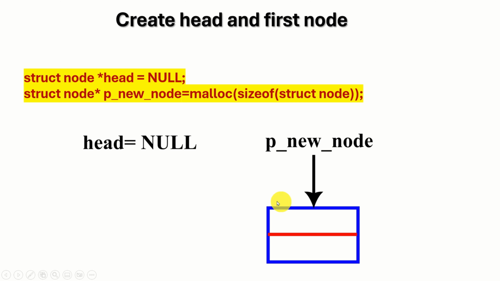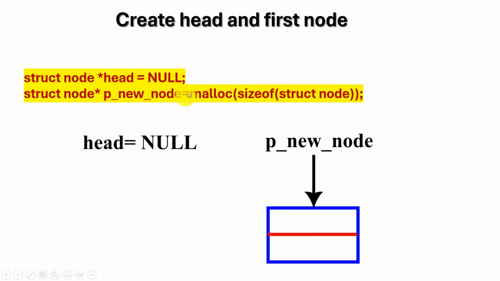The malloc function will reserve the memory space, and it will return a void pointer to the beginning of this memory space. That is, it will return the pointer to the very first memory location inside of the reserved memory location. Since the returned pointer is a void pointer, this symbol over here will automatically cast the pointer to be struct node star.